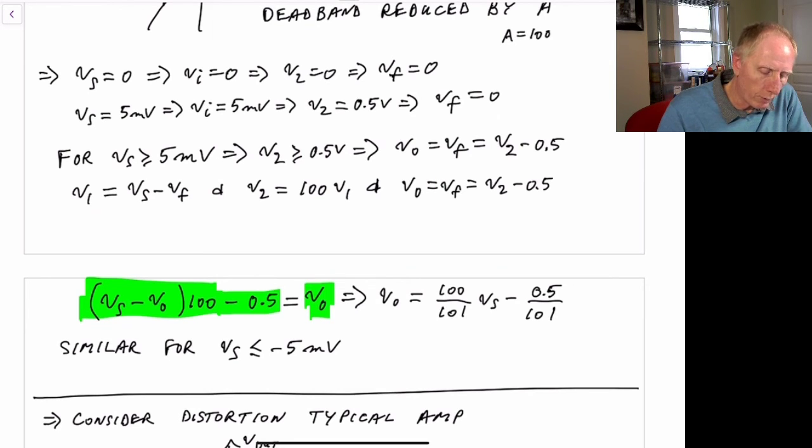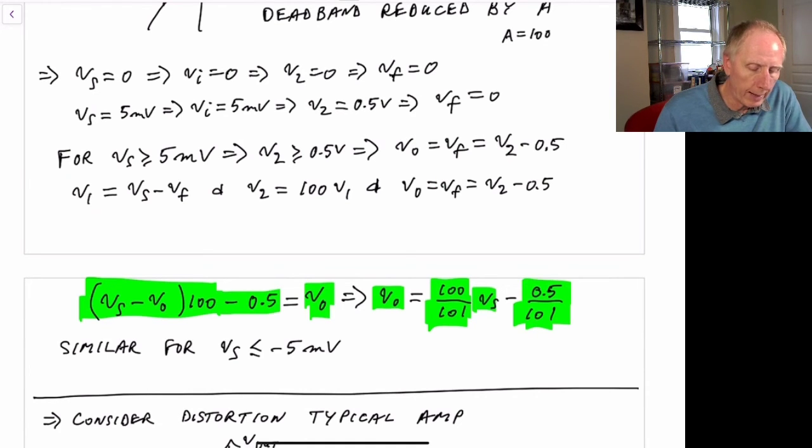Solve for Vout with respect to Vs, and we have that Vout is equal to 100 over 101 times Vs minus 0.5 divided by 101. And that becomes the equation when Vs is greater than 5 millivolts.